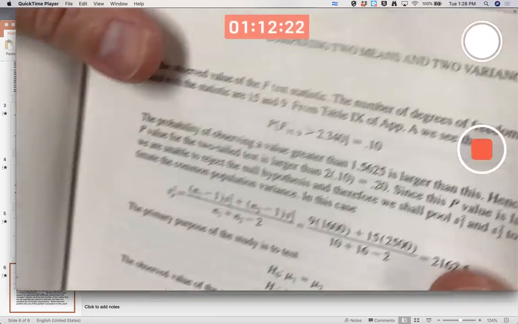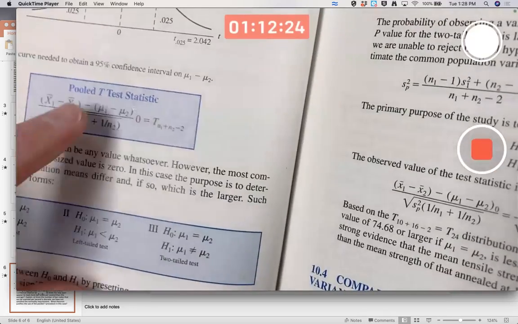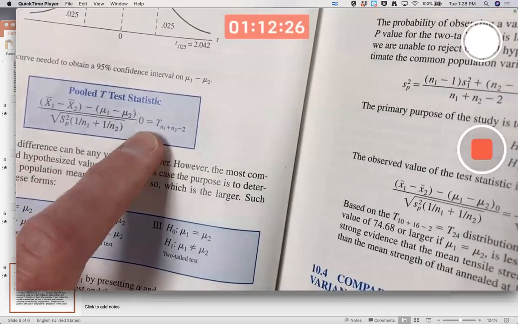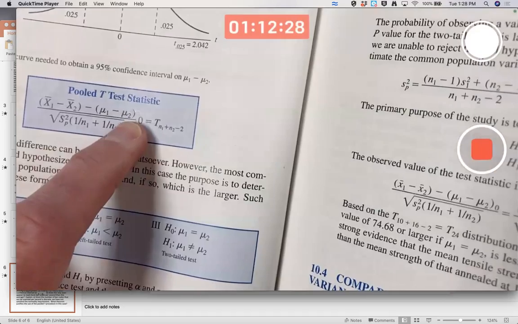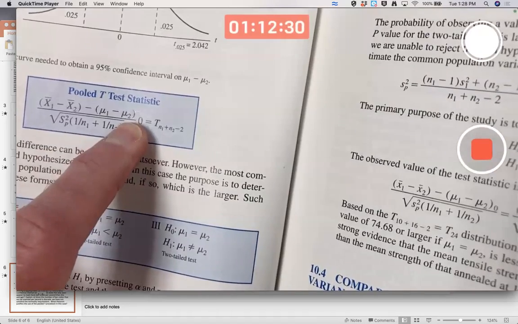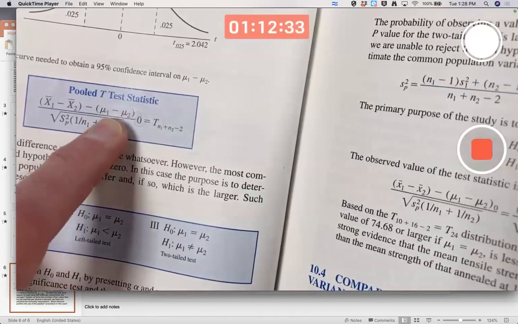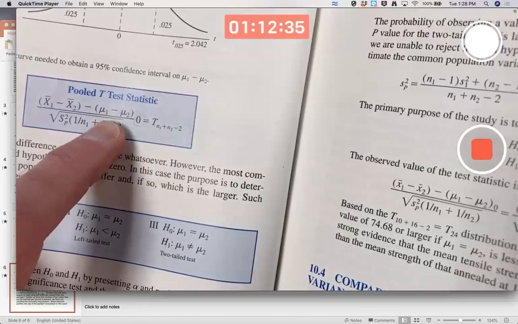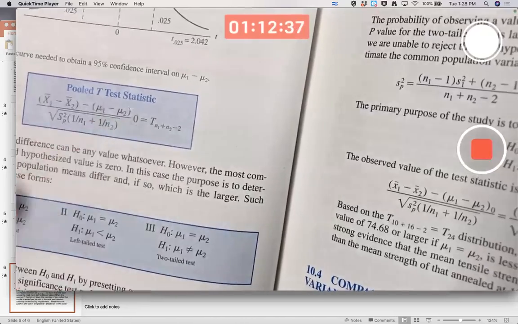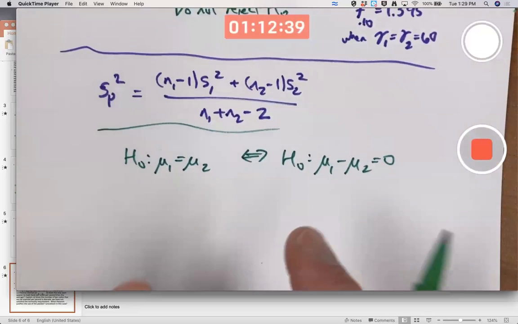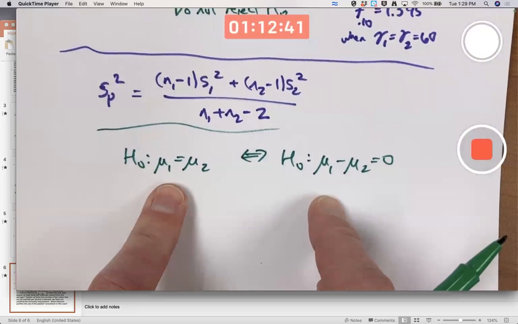And then that would be the value of mu1 minus mu2 sub 0. This 0 should not be here. It should be a subscript of that. However, it's almost always that this quantity is 0 in the numerator of the fraction, because we're almost always doing this hypothesis test for the null.